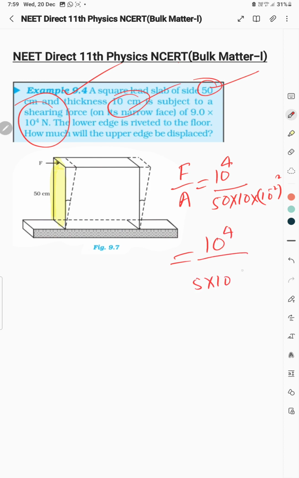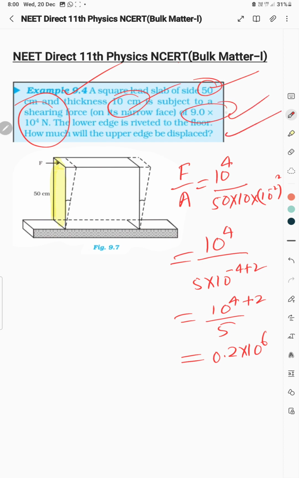It is 5, 10 power minus 4 plus 2. That becomes 10 power 4 plus 2 by 5. And this happens to be 0.2 into 10 power 6, but there is a little mistake. I should incorporate this 9.0 also. Why?